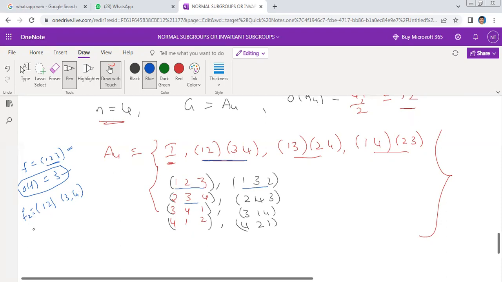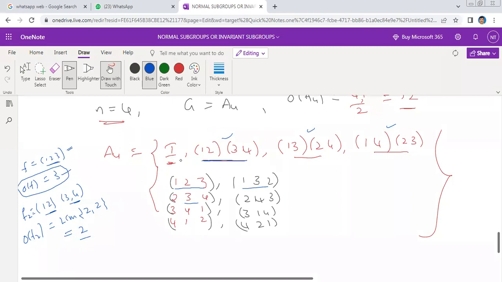Then what is the order of f2? LCM of these two lengths. The length of this permutation is 2, the length of this permutation is 2. Therefore, LCM of 2 comma 2 is nothing but 2. So you observe here, the order of this permutation is 2.